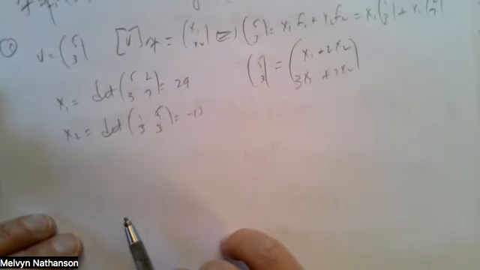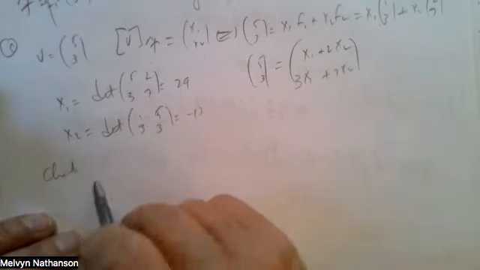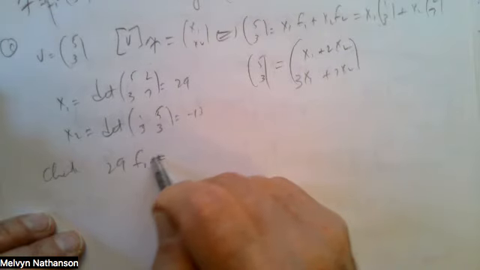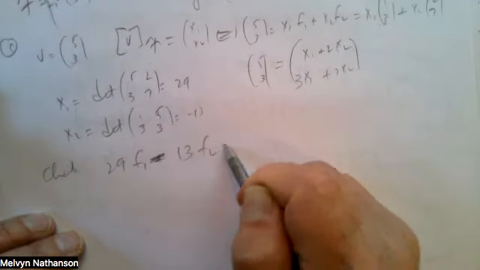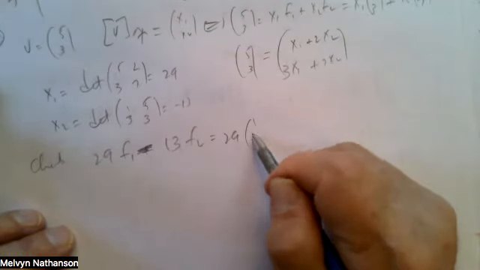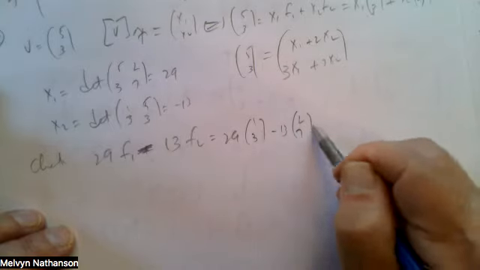So if this is correct, let's just check. What is 29F1 minus 13F2? 29F1 is 29 times 1, 3, minus 13F2, which is 2, 7.